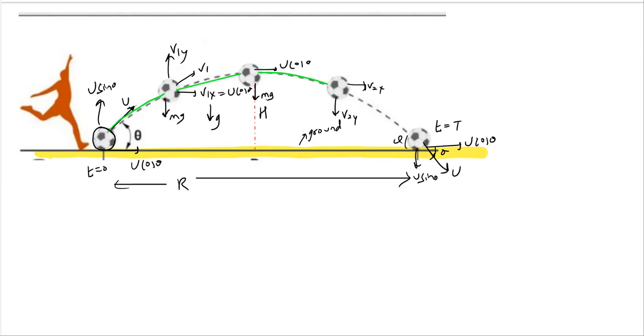Continuously the weight will be acting. This is very important. We should not think that the weight acts only at the highest point. Everywhere the weight will be acting. Because of weight and velocity, it will move in a curved path.